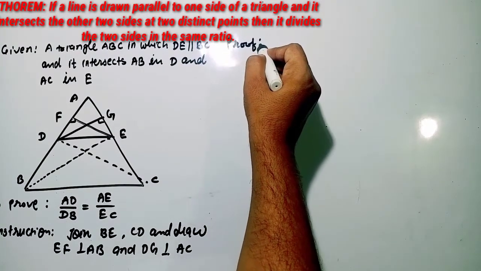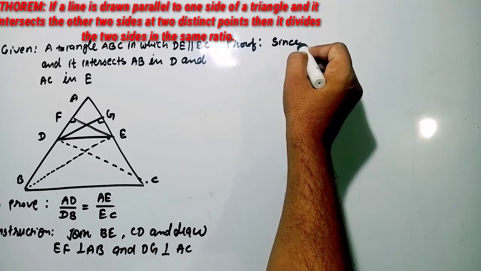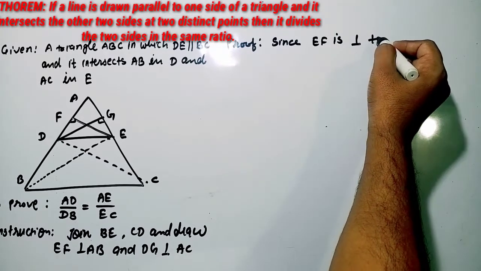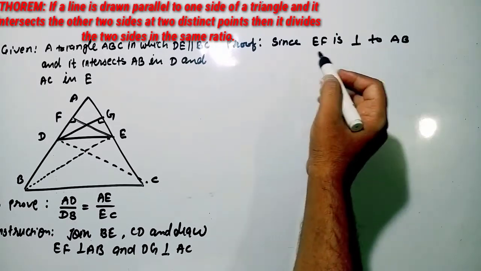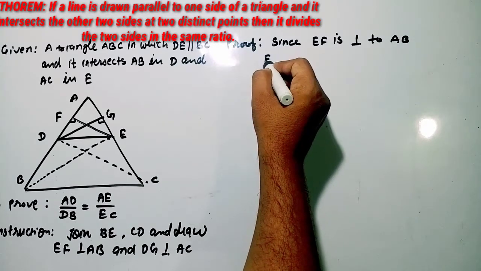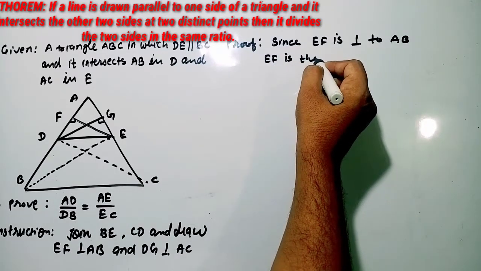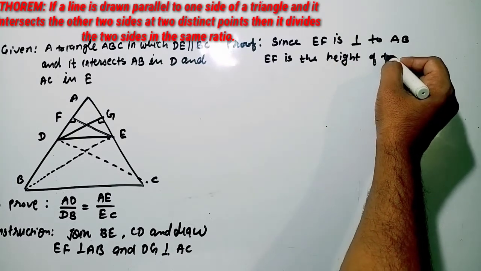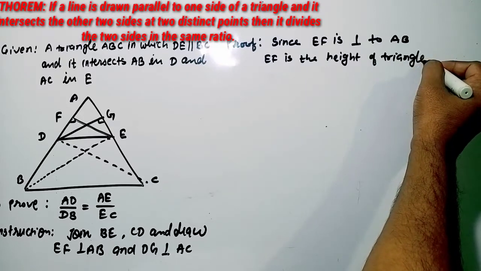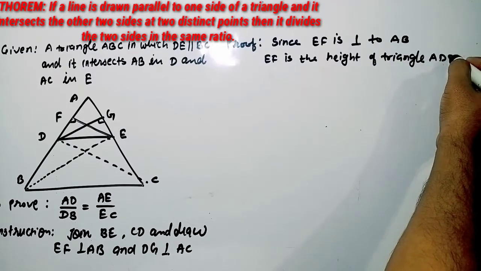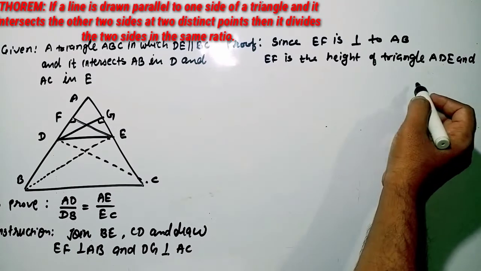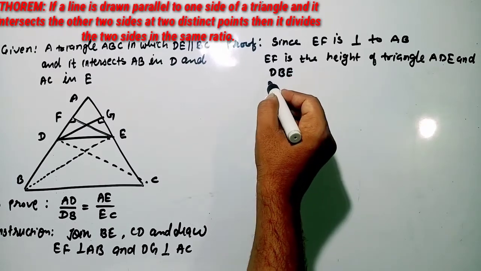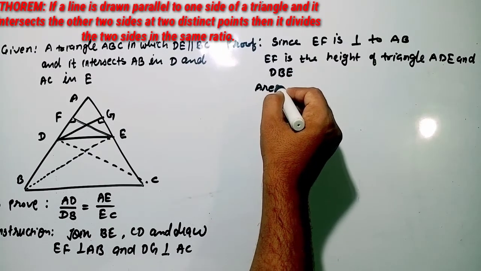So about the proof, first of all, since EF is perpendicular on AB, you can see in the diagram, EF is the height of triangle ADE, and DBE.